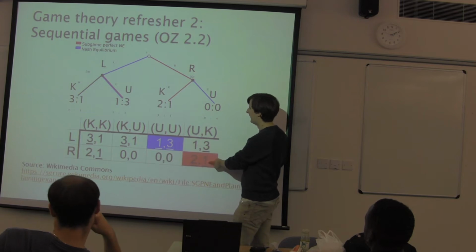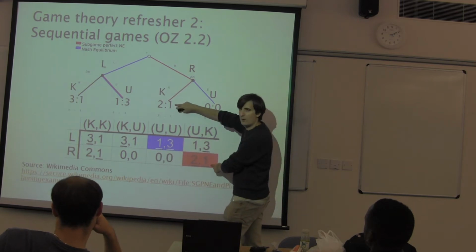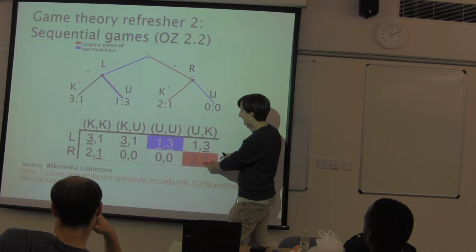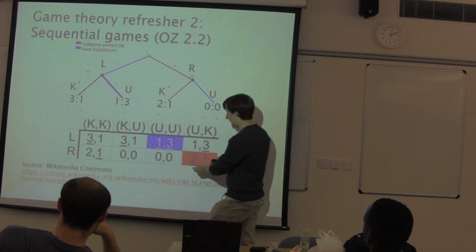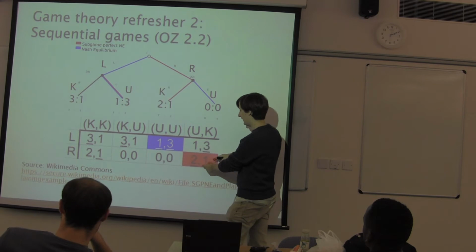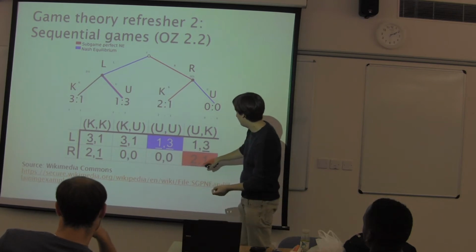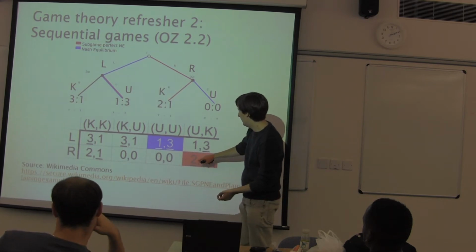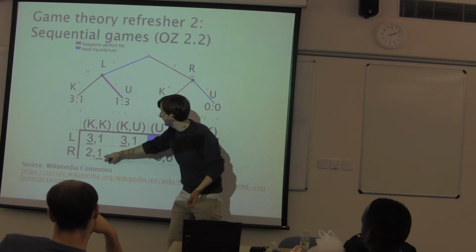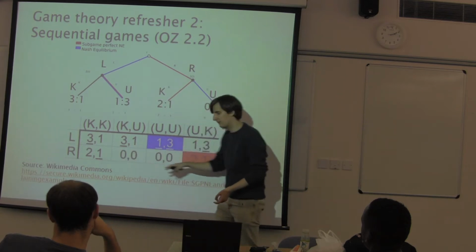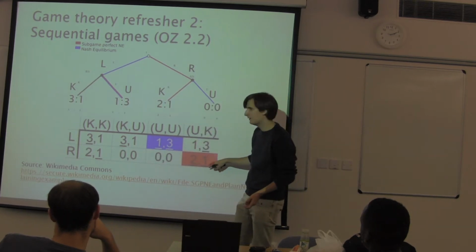So here's what we were looking at before. It's 2-1. If player 2 is playing UK, and player 1 is playing R, then neither of them wants to deviate, right? Because if player 2 deviates, given player 1 is playing R, player 2 can't do better than 1. 1 is the best they can get, so player 2 doesn't want to deviate here.